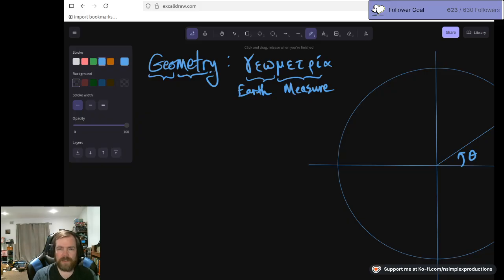And in doing so, we had a few individual people who made major strides toward this. So we had Eratosthenes, who heard tell of a well.